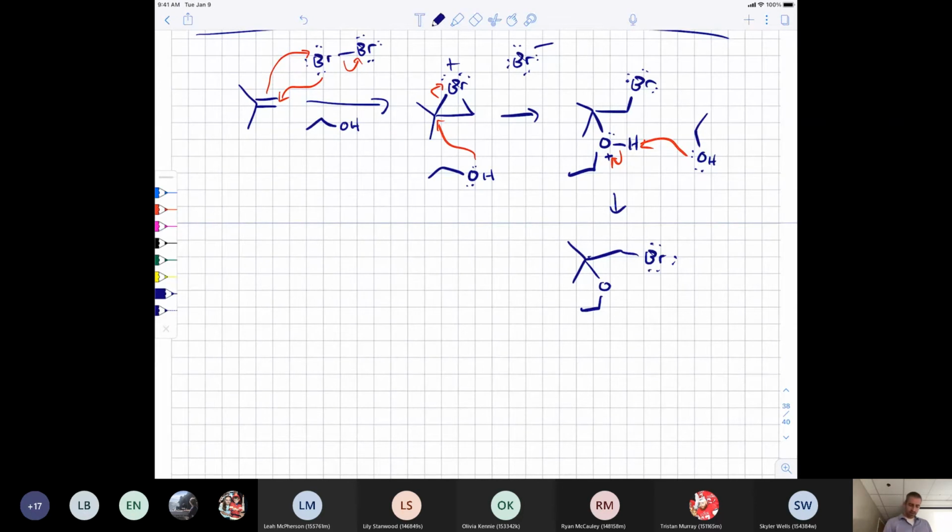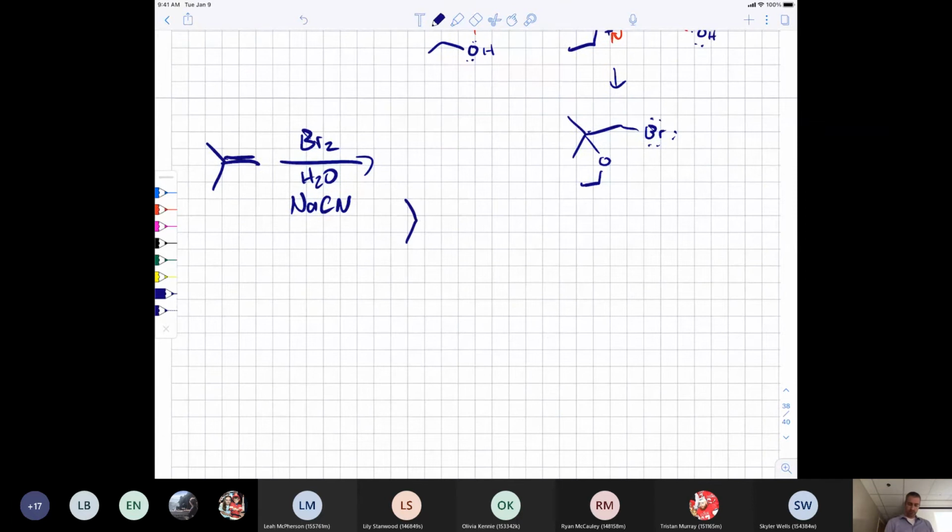So if you want, imagine you did something like this. We're going to do it with Br2 and water, but we're going to load it up with a really strong nucleophile, cyanide. This could give you a product that looks like this.